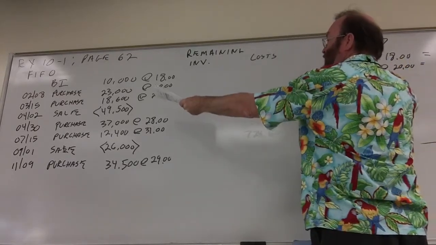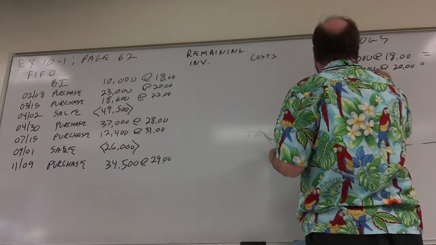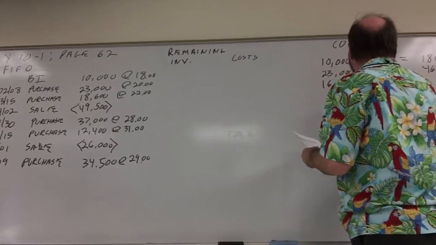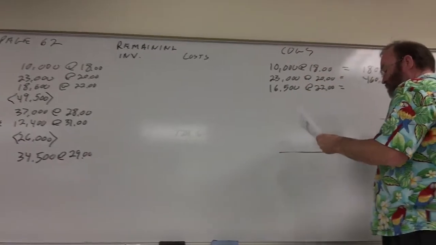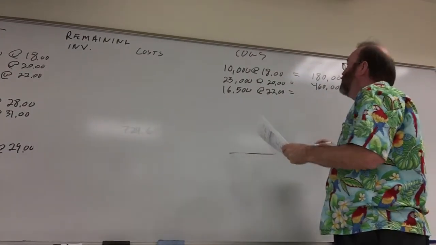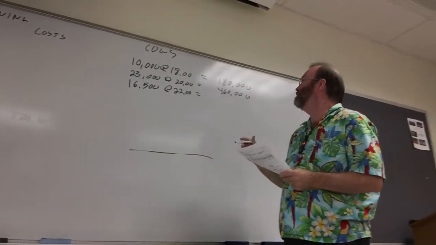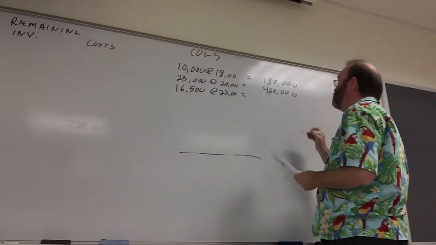We sold 49,500, so we have another 16,500 that cost us $22. And that is, I don't know, who's got a calculator? Thanks. What is it, 16,500 times 22?